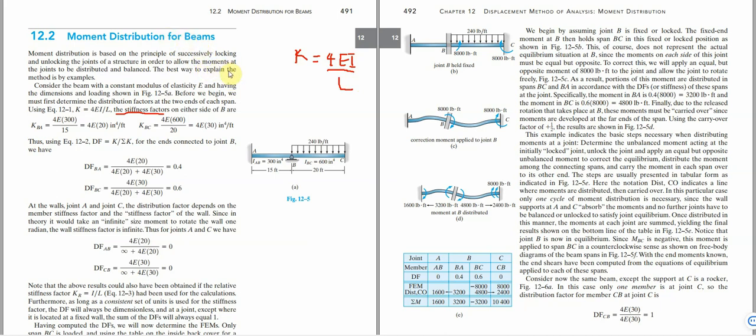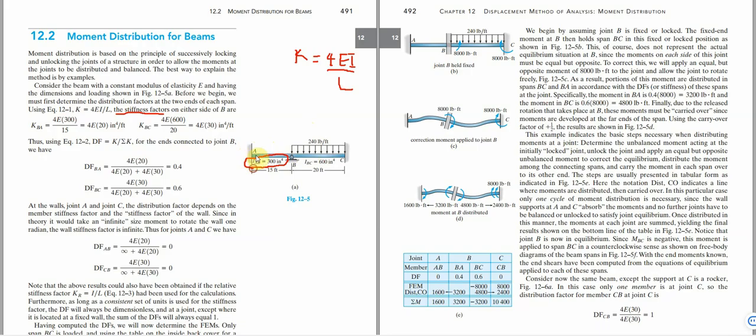Now the stiffness factor on either side of B, that is at this side and at this side, this is B to A and this is B to C. So for B to A, it is 4E times I. What is the I? The I is given here.